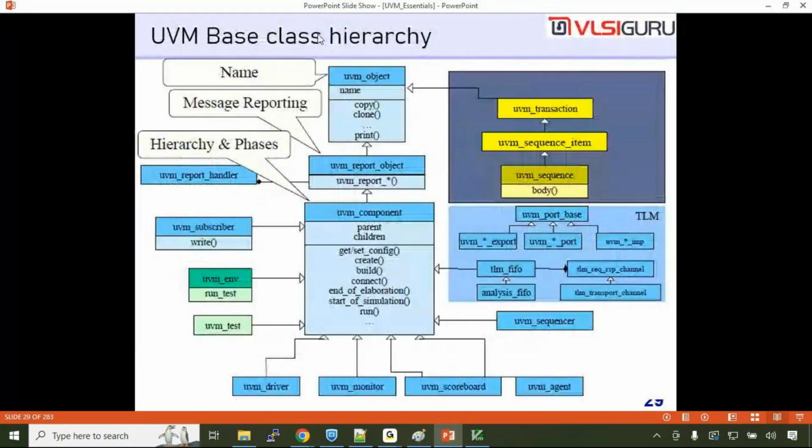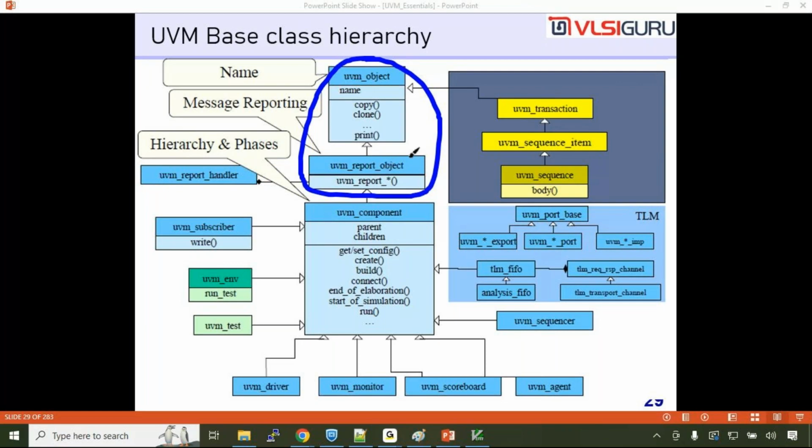First, let's talk about inheritance. You know what inheritance is, right? Can you tell me, in this case, which class is the base class? UVM object is the base class, and the derived class is UVM report object.